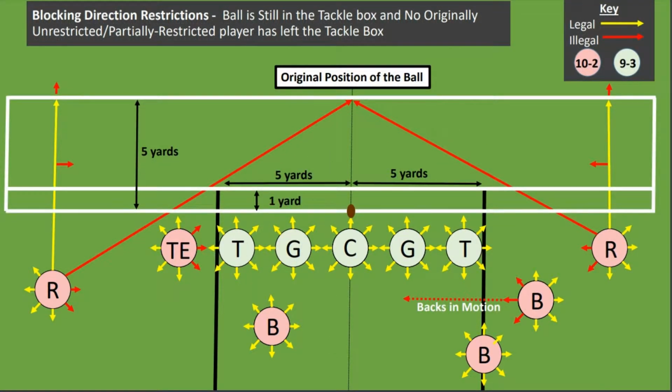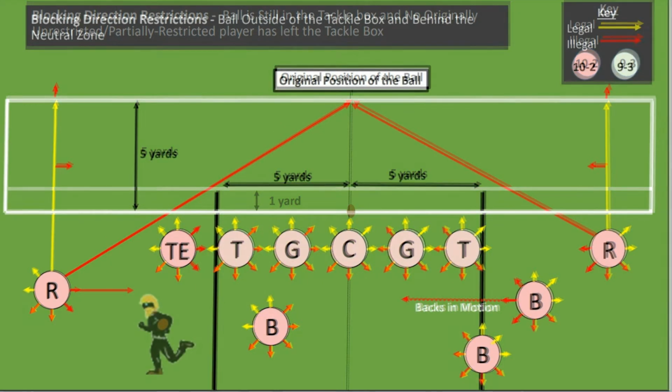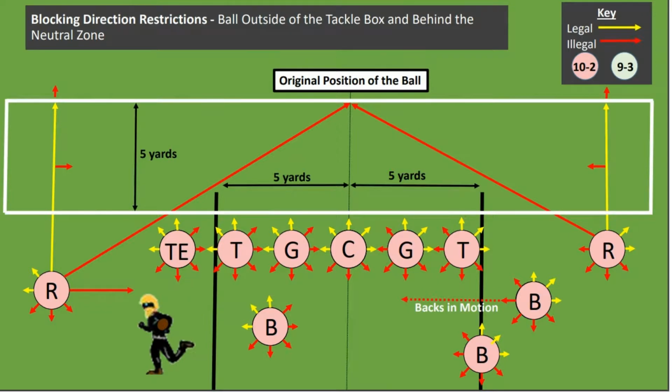We now reset to our normal restrictions to blocking while the ball is in the zone and the players have not left the zone. And now we will transition to the ball leaving the zone. Once the ball has left the zone, there are a lot of restrictions that kick in.